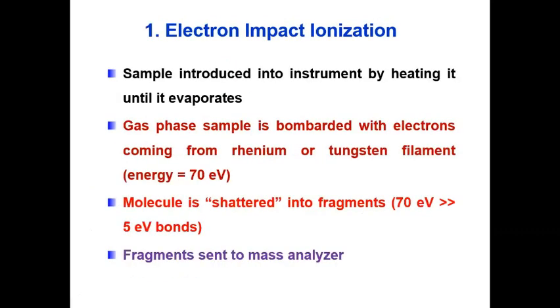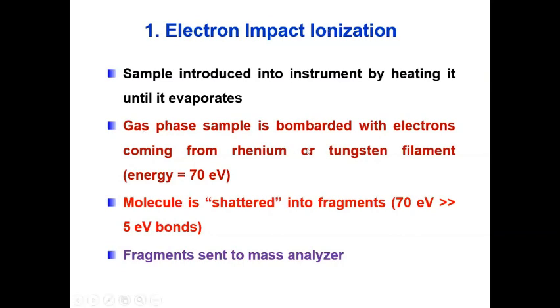So we will see in detail what is electron impact ionization. The word tells electron impact: the electron collides with the molecule and the molecule will ionize. Here we will see how the electrons are produced.